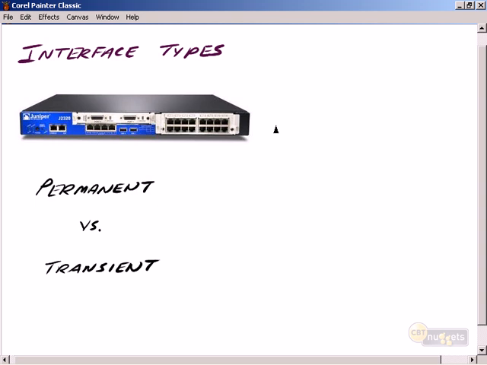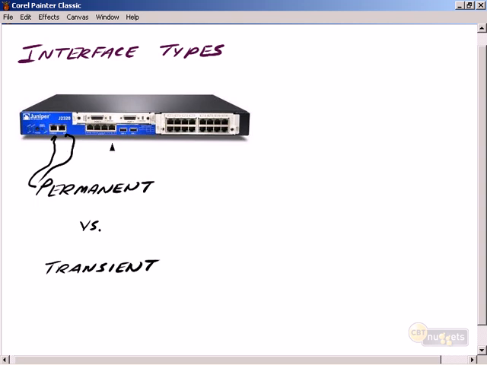Now, the first differentiation we have is to compare permanent interfaces versus transient interfaces. And just because an interface is permanent doesn't mean it's necessarily physical. Here's what I mean. If we look at this Juniper here, I'm looking at physical interfaces. I can see here is a console interface. That's permanent. Here is an auxiliary interface. That's permanent.